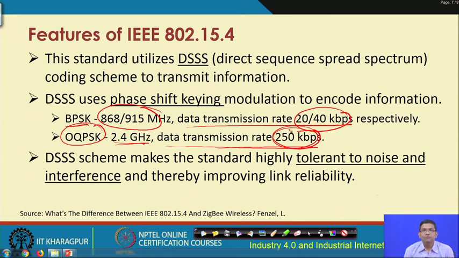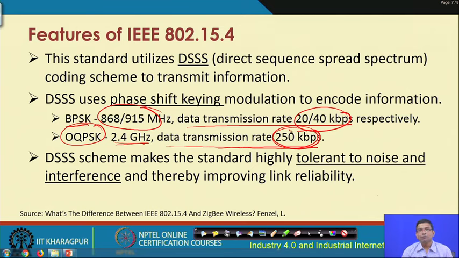So, as I was telling you earlier, DSSS is good because we are talking about IoT environments full of noise and interference between different devices, and DSSS is a standard that will be highly tolerant to these kinds of unwanted things, like noise and interference.